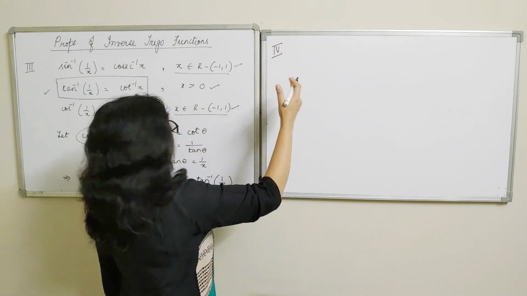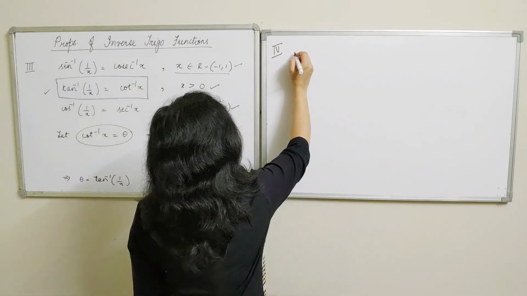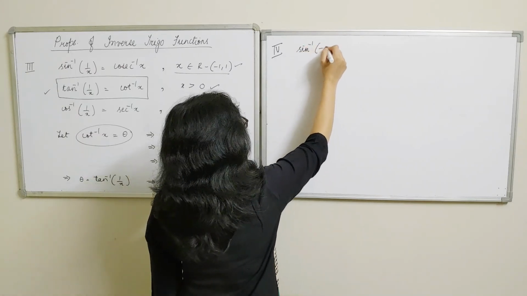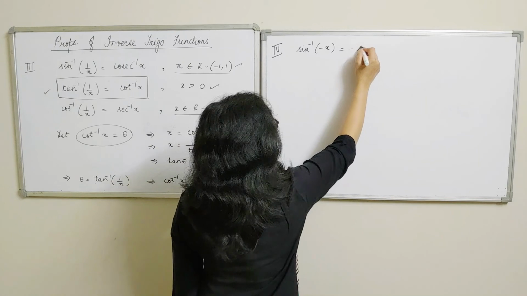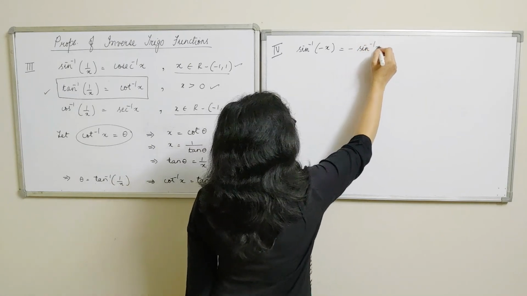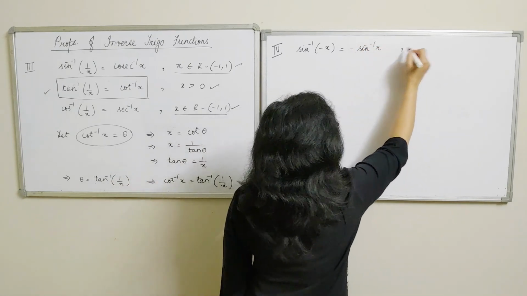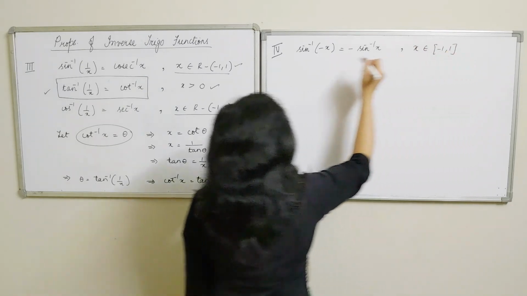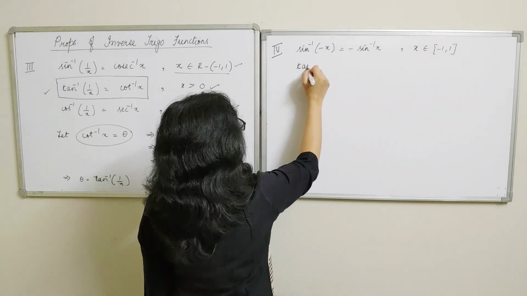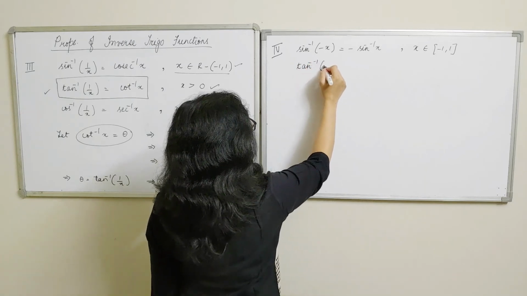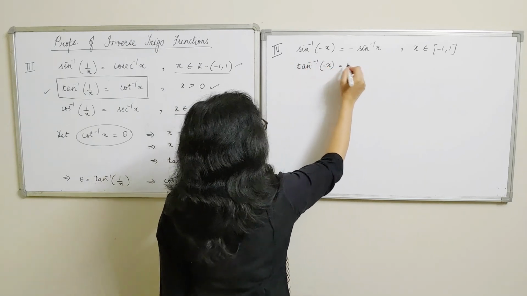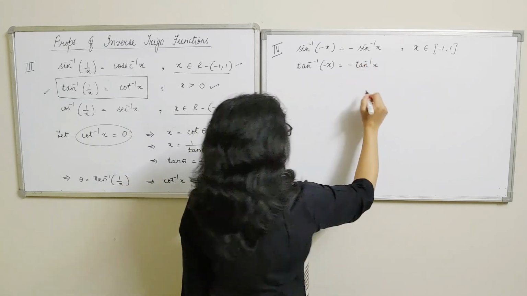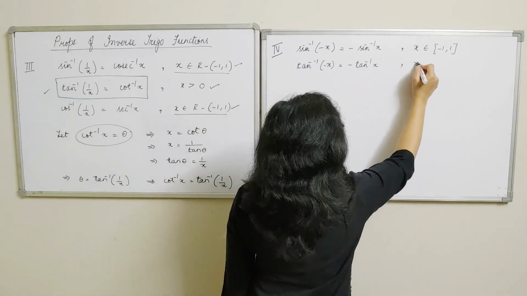See, sets have got different identities. We will be proving one of them. So in the next case, we have sine inverse minus x, which is minus sine inverse x. X belongs to this interval. Tan inverse minus x is minus tan inverse x.